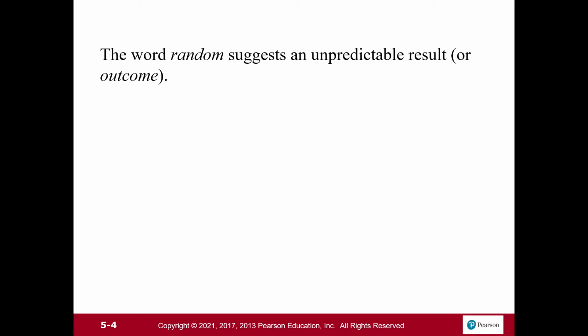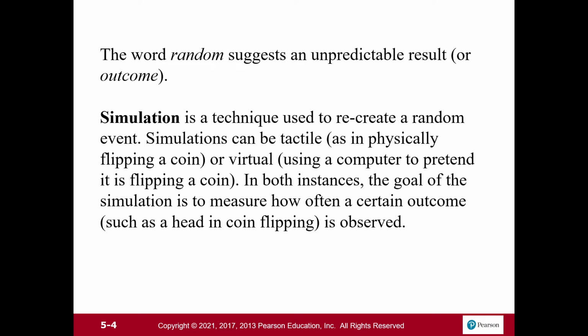So random is basically an unpredictable result or outcome. And here, simulation's another definition. It is a technique used to recreate a random event. Simulations can be tactile or virtual.